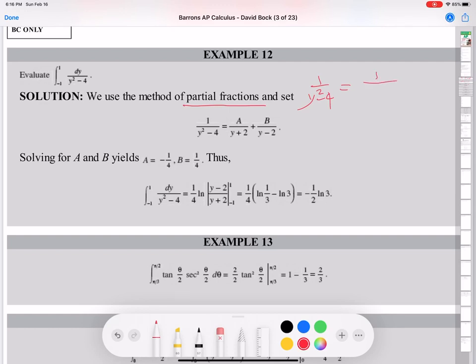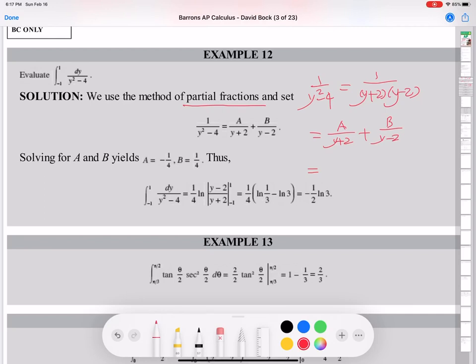First, we have to factor the denominator, which is y plus 2 times y minus 2, and then separate this into a over y plus 2 plus b over y minus 2. And then just make this one fraction in terms of a and b.